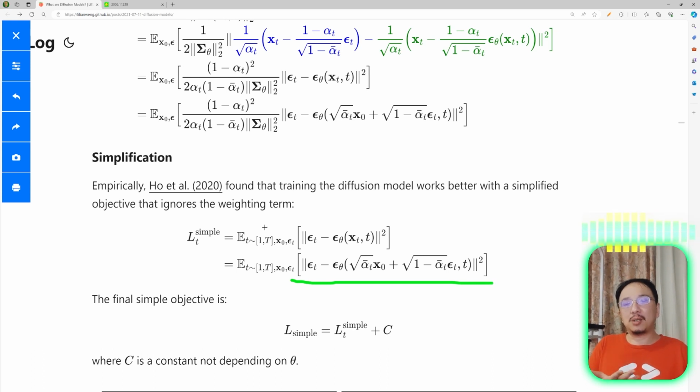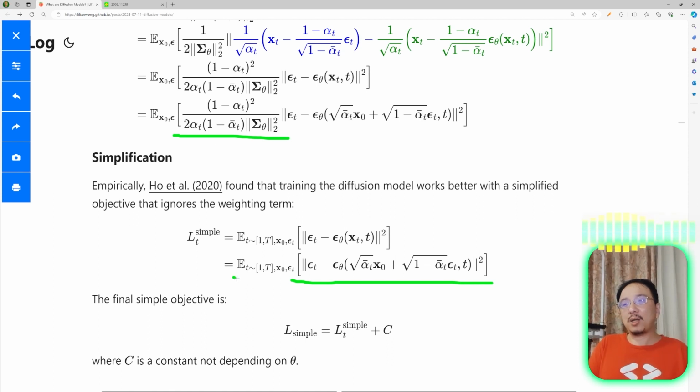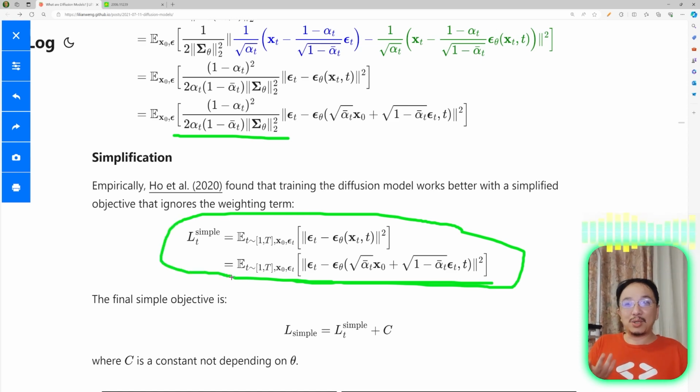Originally the formula has a weight right here, but some study suggests that we use a constant weight for all steps instead of a weight derived from the formula. So that's how it becomes the loss right here. If you just look at the code, it just looks like a simple mean square error loss.